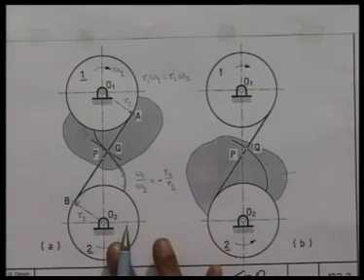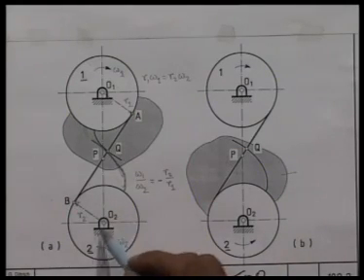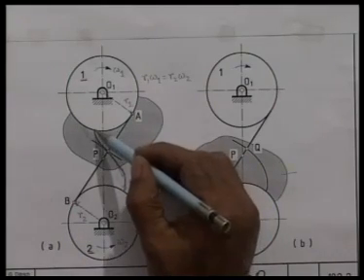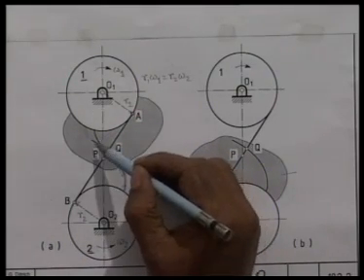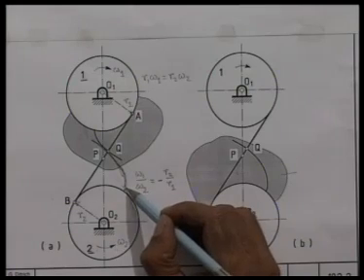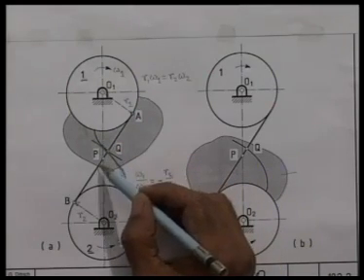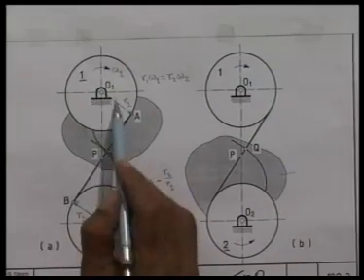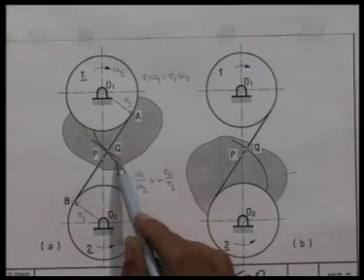So, exactly identical motion between this pair of pulleys with the cross belt can be achieved by cutting an involute profile on body 1 and an involute profile on body 2 and allowing one involute to drive the other involute. Again, omega 1 by omega 2 will be given by minus R2 by R1.